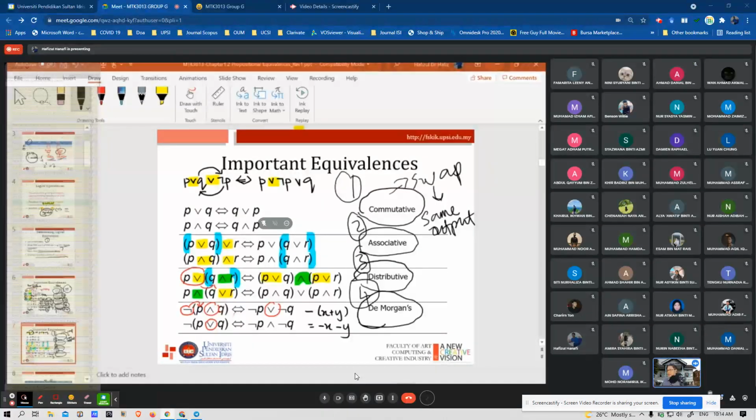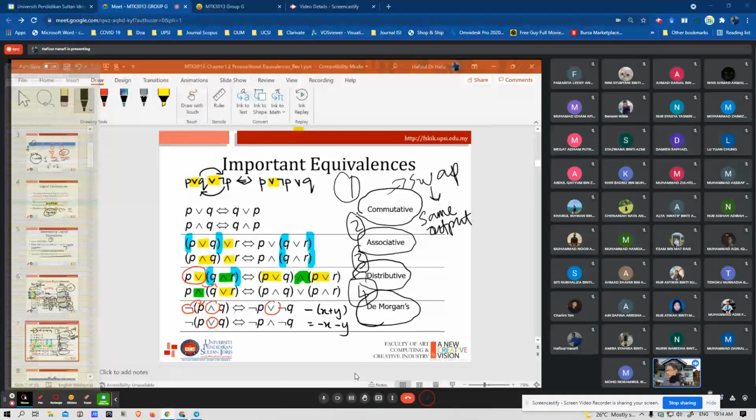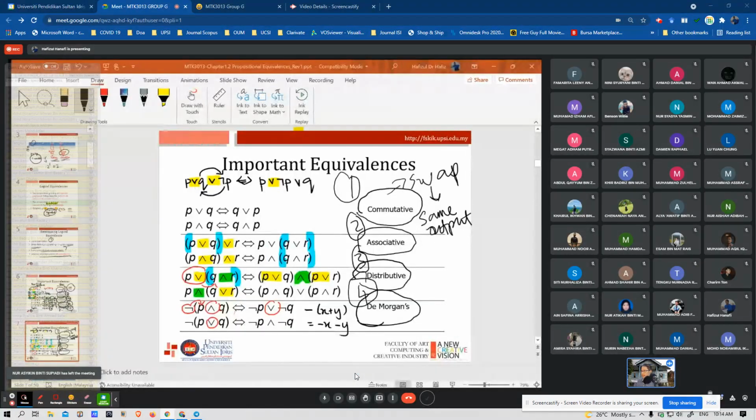Okay, and then number two, we have the associative law. Basically, the associative law in mathematics relates to the order of operations of addition or multiplication. We have P or Q, or R, is equivalent to P or Q or R, the same.